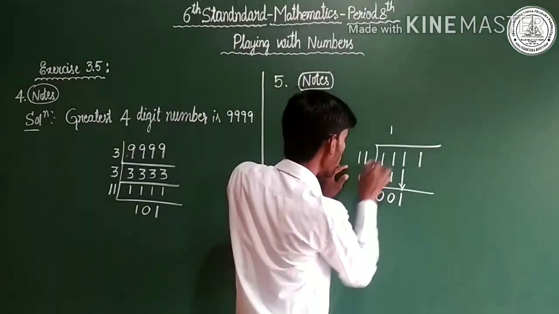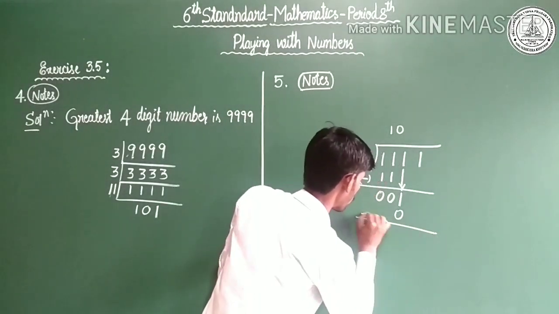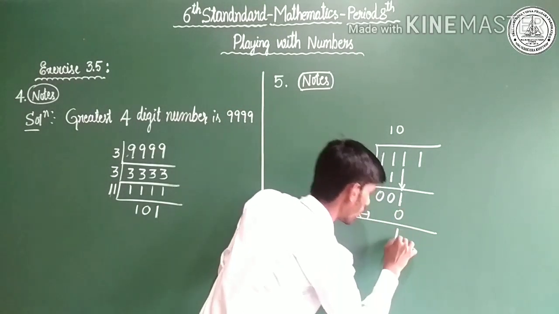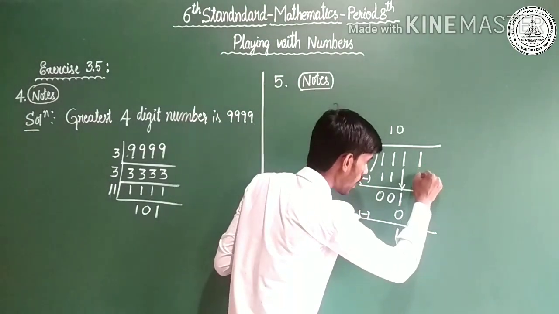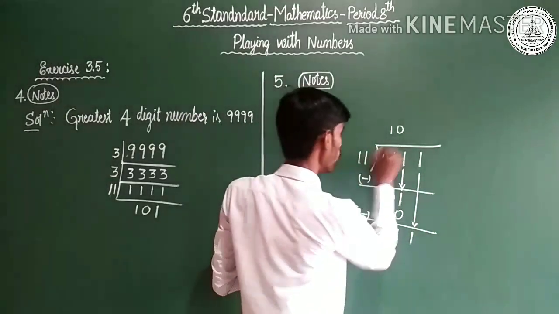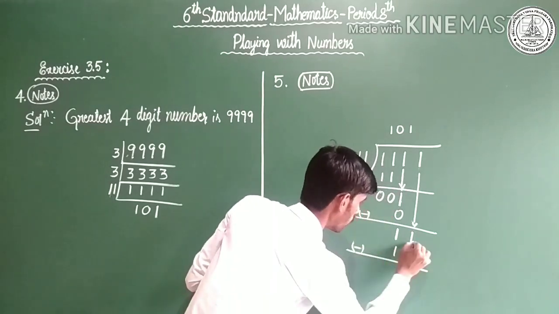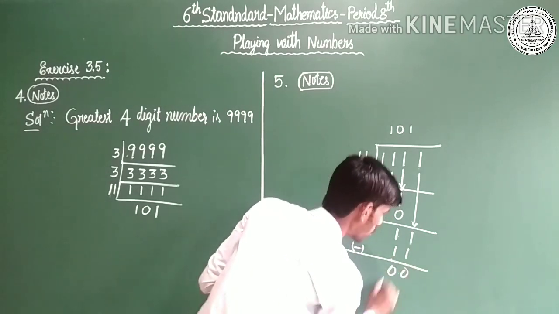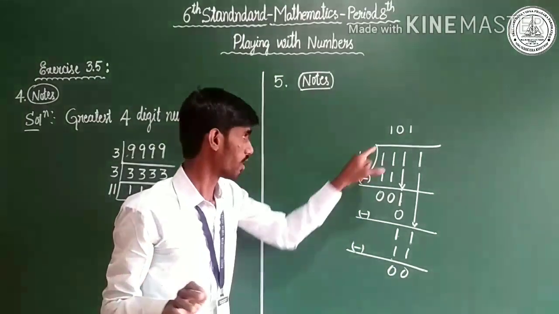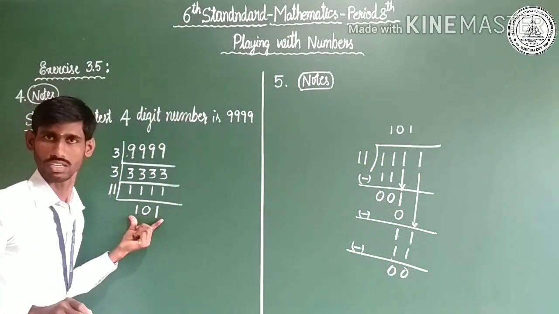No, that's right, 11 zeros are 0. So subtract, 1 minus 0 is equal to 1. Next, bring down another digit, that is 1. So now 11, 11 ones are 11, 1 minus 1 is 0. Are you clear now? How is it possible to get 0? I have divided directly, isn't it?